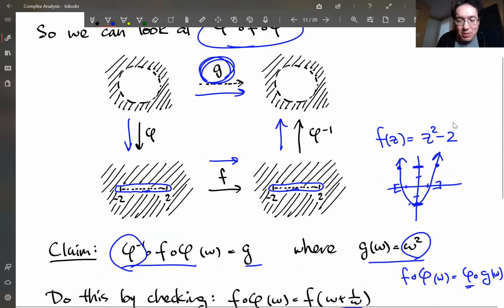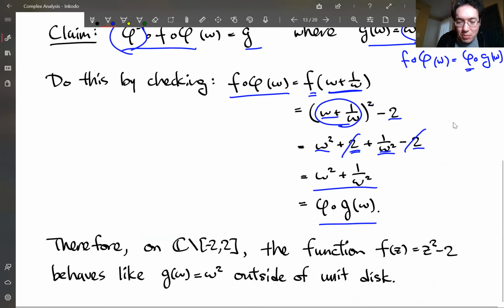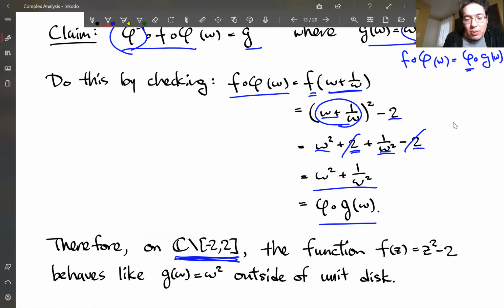It was the unit circle. So therefore, if we look at the complex plane minus the line segment from -2 to 2, this function f behaves like the square function outside of the unit disk. Right?